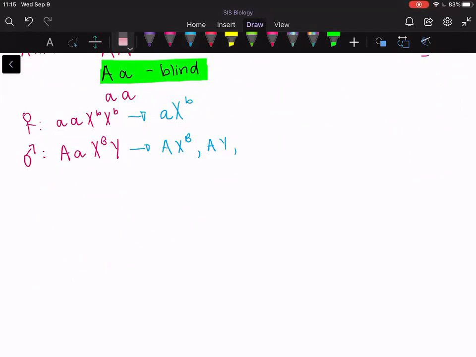I'm going to do the X's first, just because I like that way better. Sorry, I'm confusing myself. Okay, so what I did was I looked at these two alleles: X with capital A and X with lowercase a. And now I'm going to look at the Y allele: Y with capital A and Y with lowercase a.